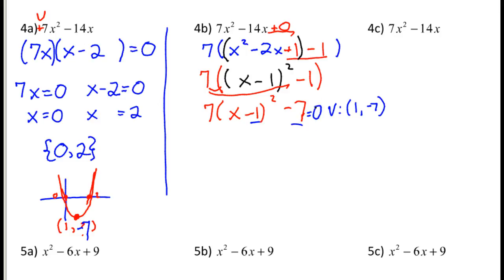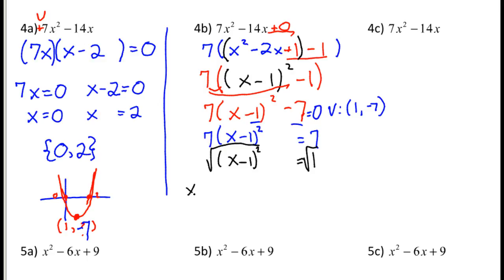And then let's solve it. We should get the same two answers, 0 and 2. Set it equal to 0. Add that 7 to both sides. And then divide by 7, good. And then now x minus 1 squared equals 1. 7 divided by 7. And find a square root.